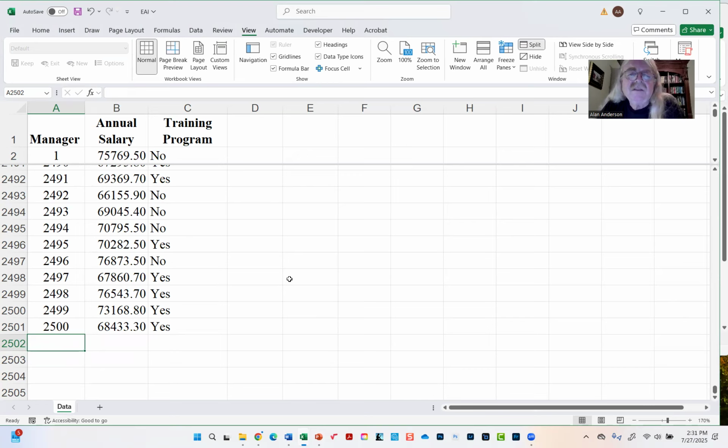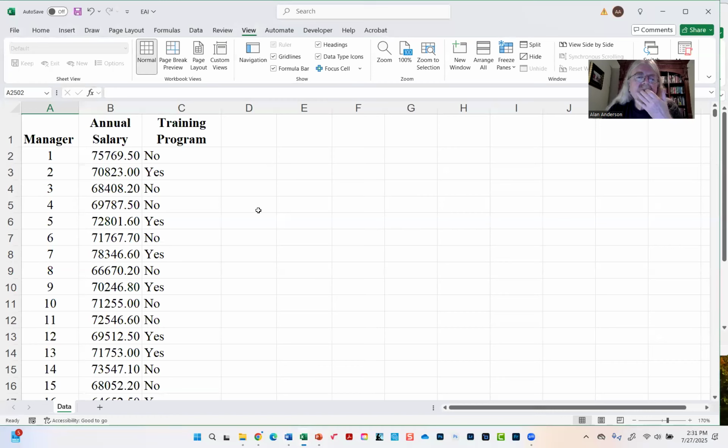But on the other hand, I'll tell you what, why don't we try this? Maybe we could have a random sample. All right, let's keep this very simple. Let's just pick 10.